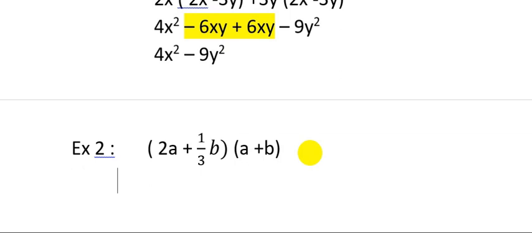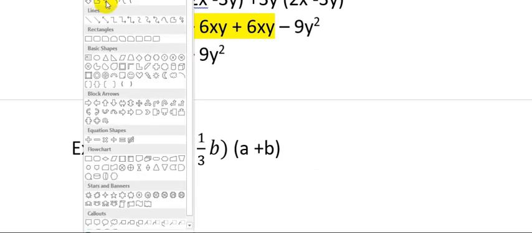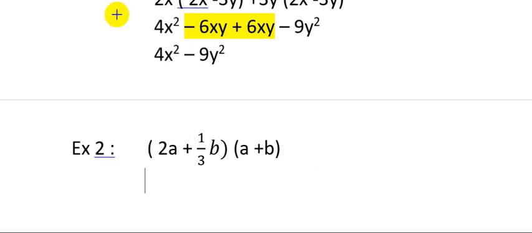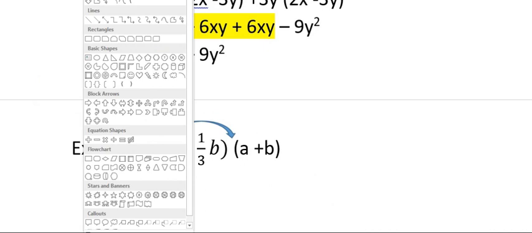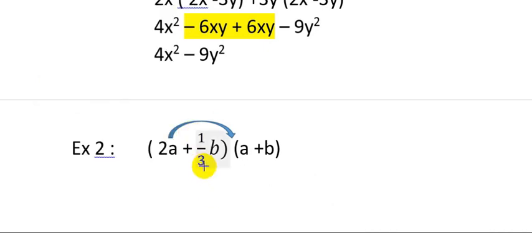So now I am going to expand this expression. As I mentioned earlier, first you multiply 2a with this whole bracket and expand, then again you simply expand 1/3 b with a plus b.